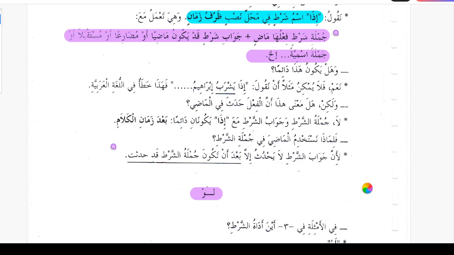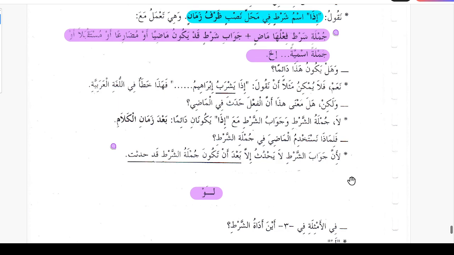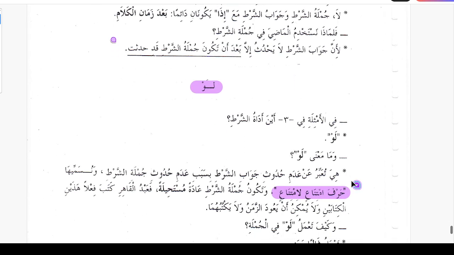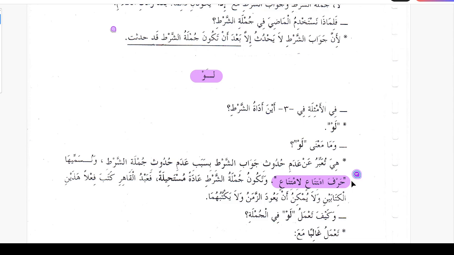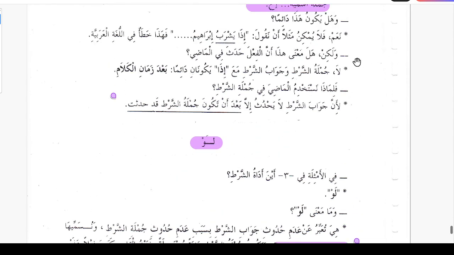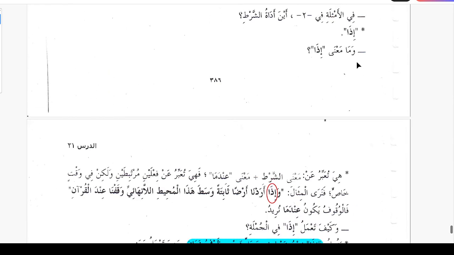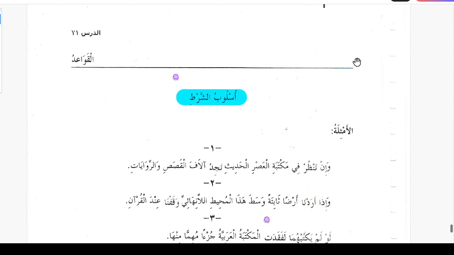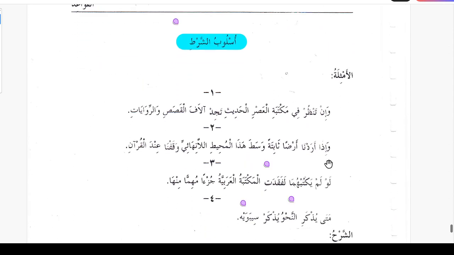The next tool is law. Okay, in the examples, law we see in number 3, the third example, which was لو لم يكتبهما لفقدت المكتبة العربية جزءا مهما منها.